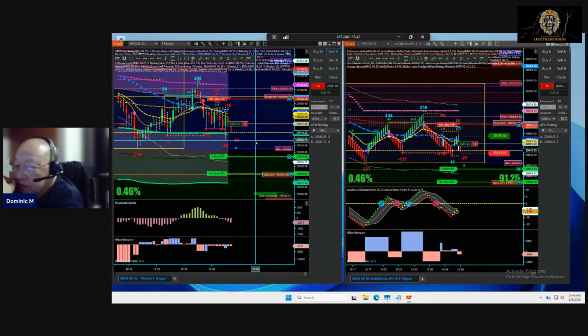Let's see if we can break that swing. Hmm. Hopefully don't create a higher low here.